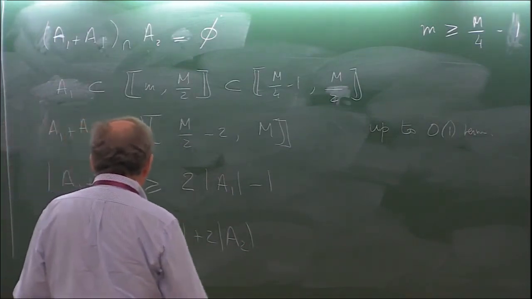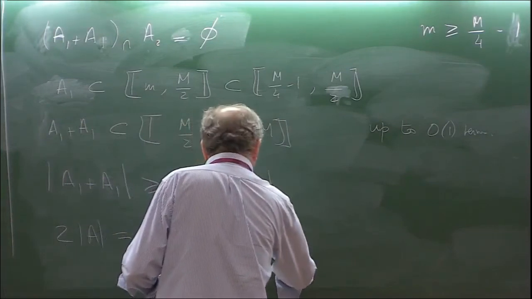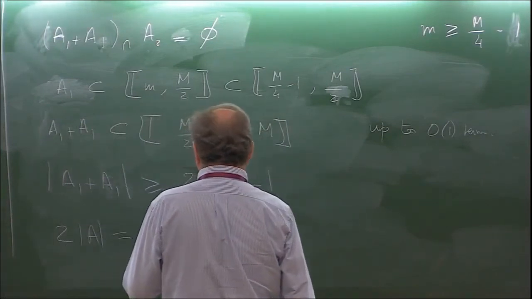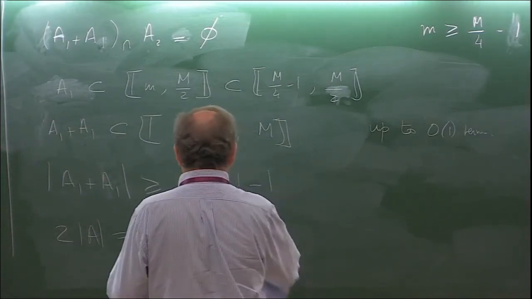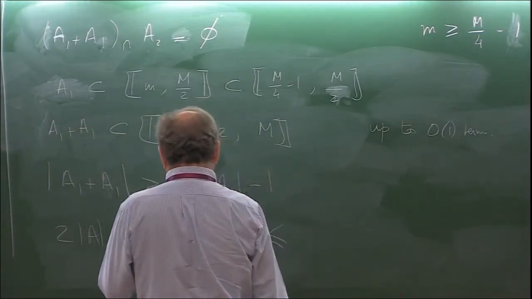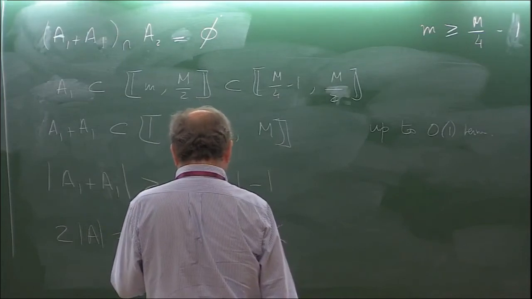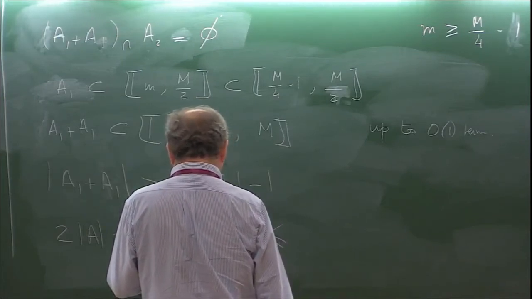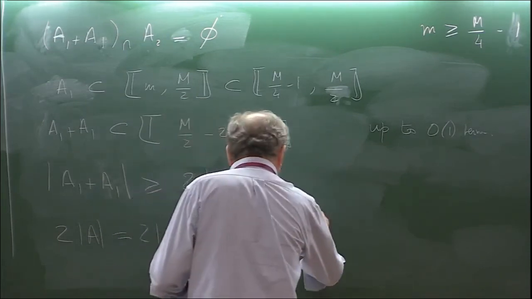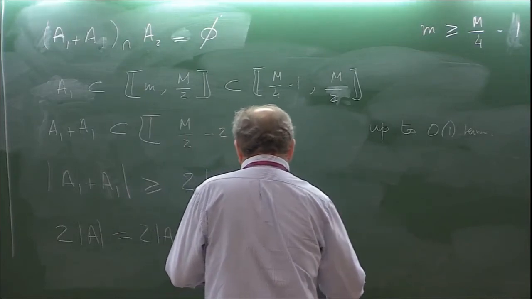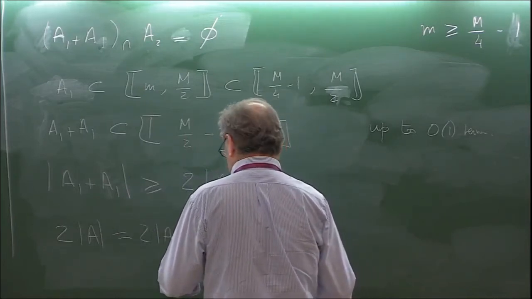And 2A1 is at most A1 plus A1, which will be at most, from here, M over 2, plus a constant.